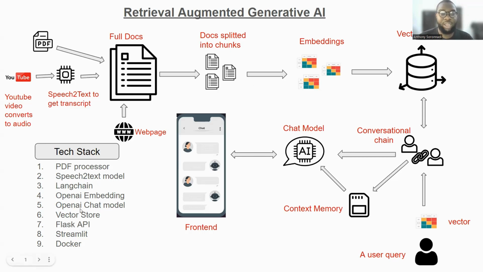And then we use the OpenAI chat model, GPT 3.5 Turbo, that gives the user responses based on what is gotten from the vector store. Then we use the vector store Chroma DB to store those things.